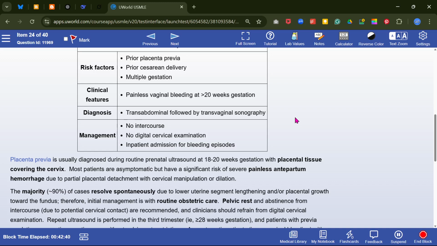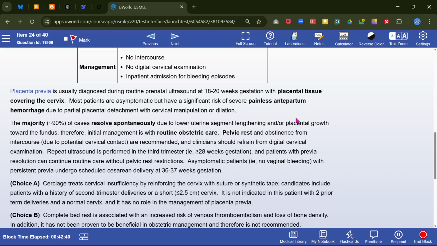The majority, 90% of cases, resolve spontaneously due to lower uterine segment lengthening and placental growth towards the fundus, and therefore initial management is with routine obstetric care, pelvic rest, and abstinence from intercourse due to potential cervical contact.